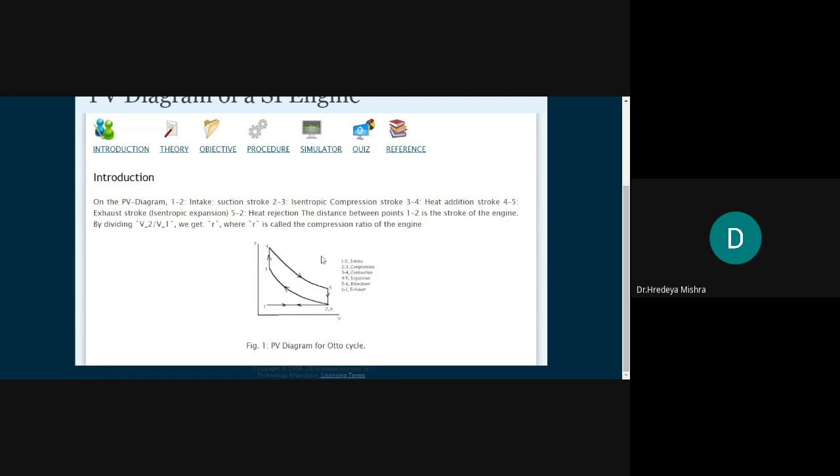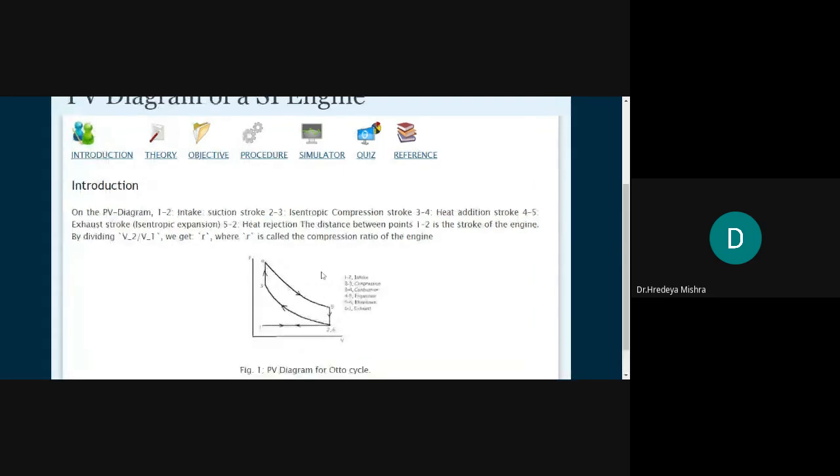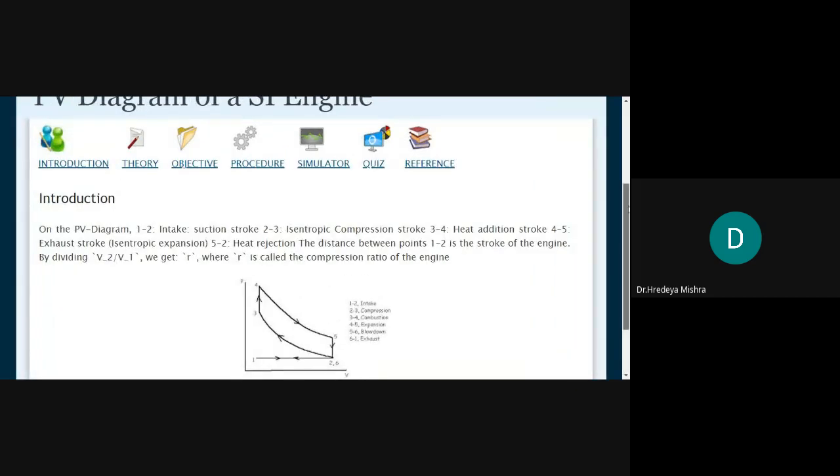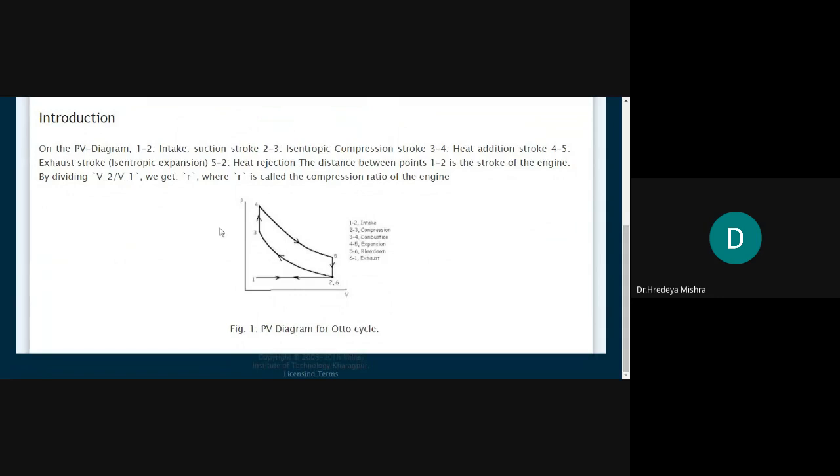In the diagram you can see this is the PV diagram for the SI engine.